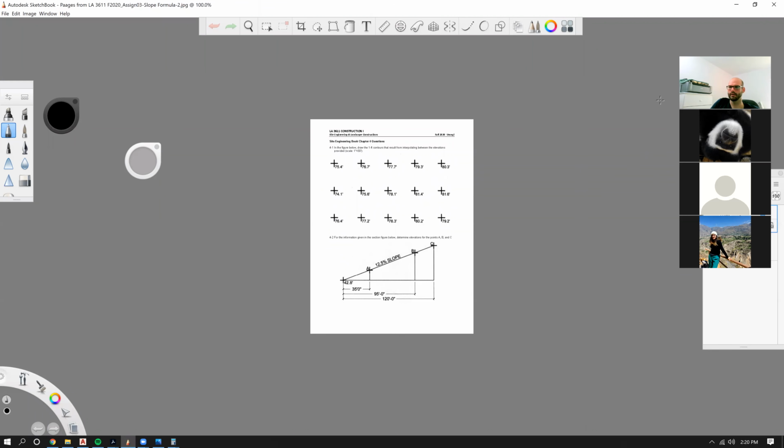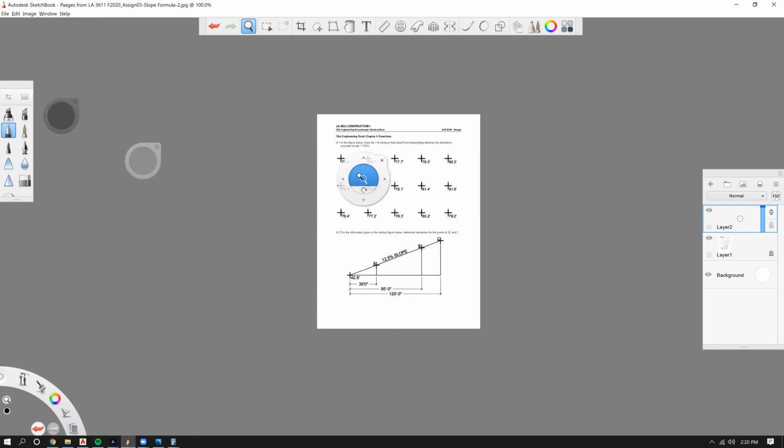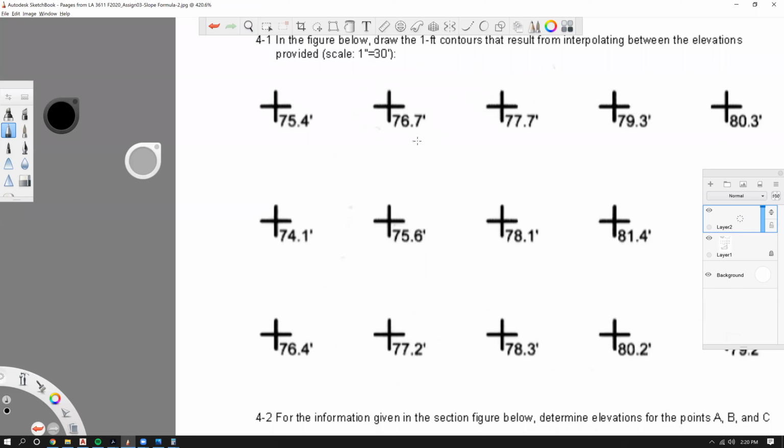Make a new layer. Okay, so for these guys, we're gonna, oh, I forget. Does anyone remember?